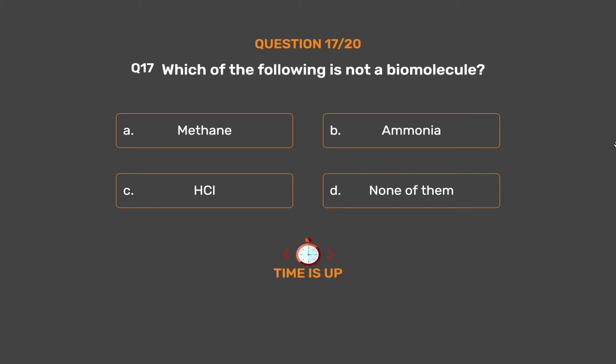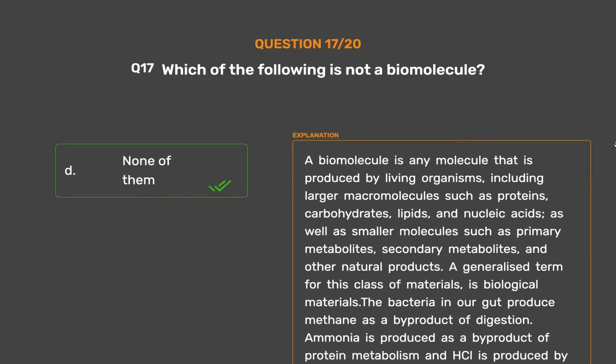The correct answer is option D. None of them. A biomolecule is any molecule that is produced by living organisms, including larger macromolecules such as proteins, carbohydrates, lipids, and nucleic acids, as well as smaller molecules such as primary metabolites, secondary metabolites, and other natural products.